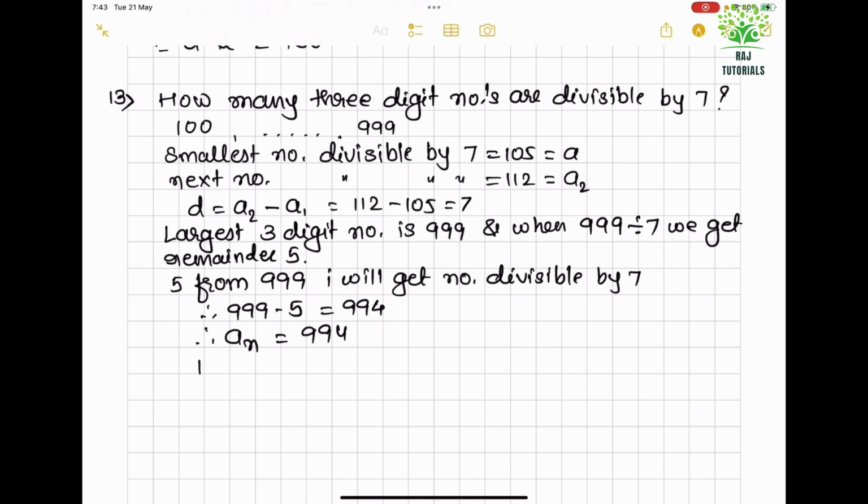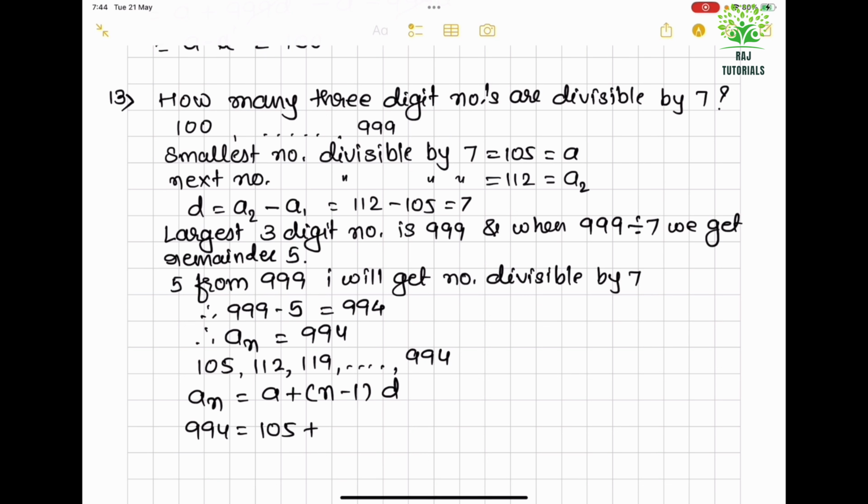Now see how the AP formed. The first number was 105, the second was 112. Then if I add 7 to that, 119, and so on. And the last number is 994. Now I have to find how many numbers are there. So N I have to find. AN equals A plus (N minus 1)D. AN is 994, A is 105, D is 7, and N minus 1 I don't know.